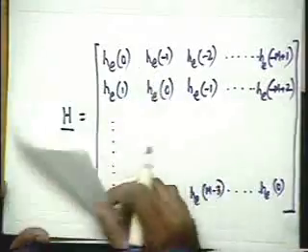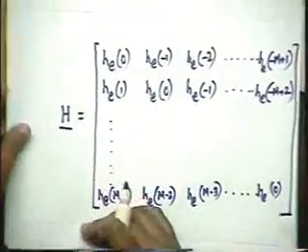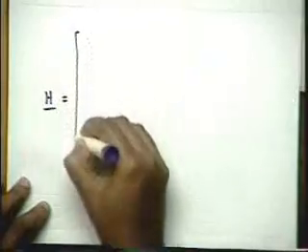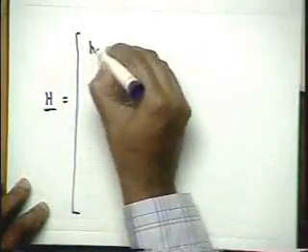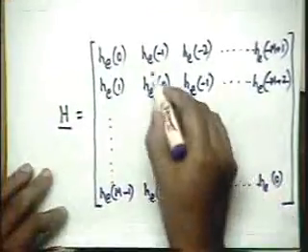So if I write that, let us have this for reference and reconstitute the elements of this matrix H. The first element, of course, can be written as h_e(0) as it is. The next element was h_e(minus 1).